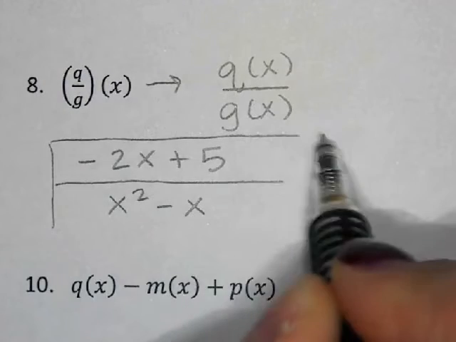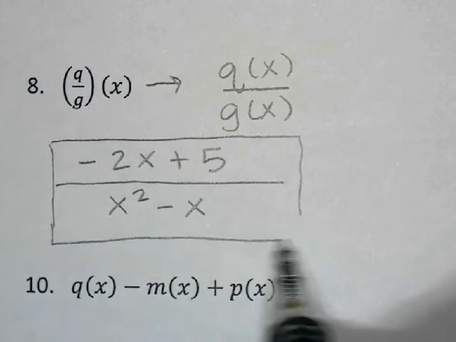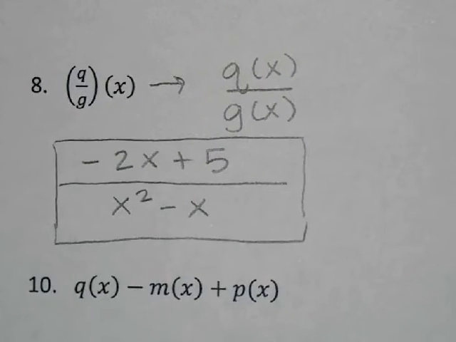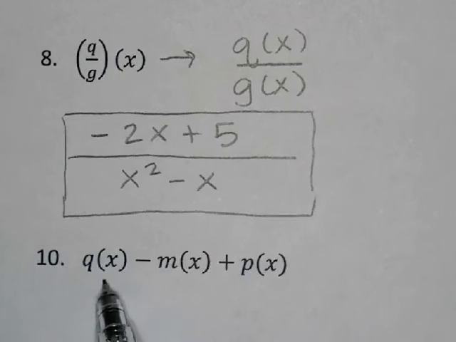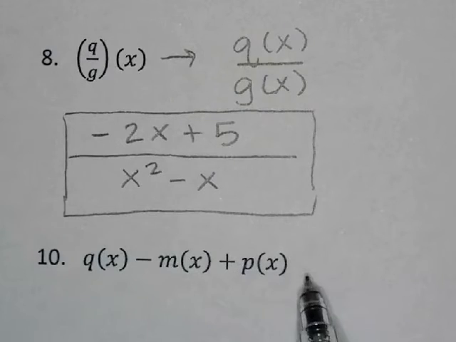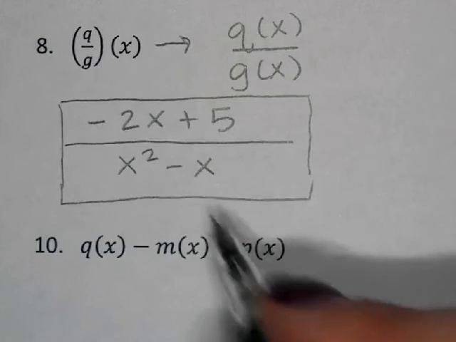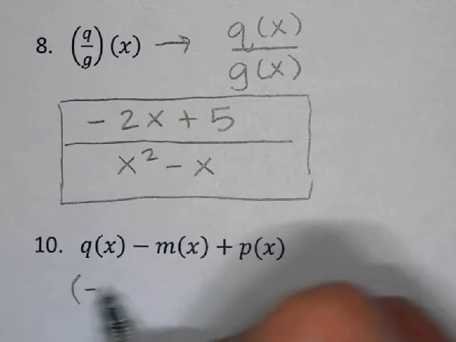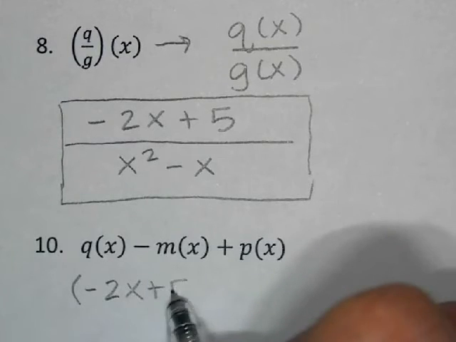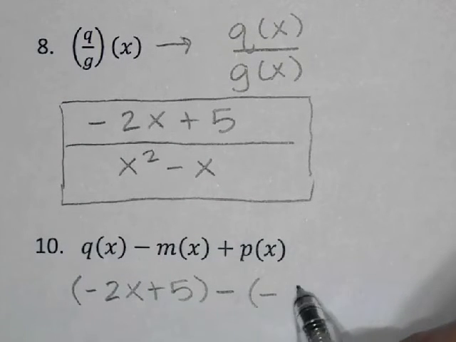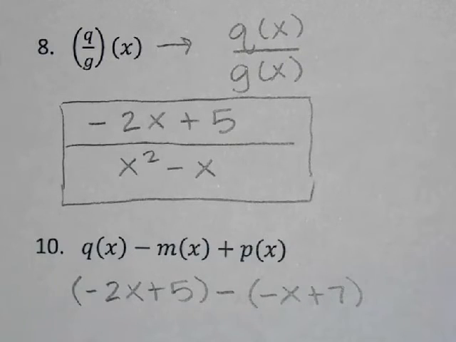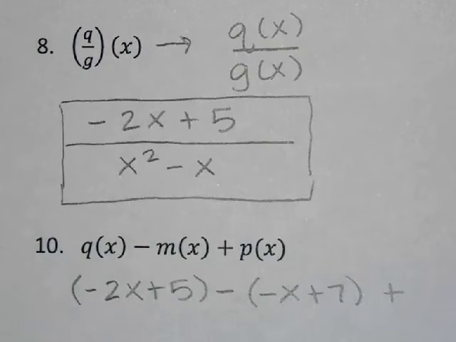All right, you guys want to find another one to try? Number 10? Okay, so this one says q of x minus m of x plus p of x. So I'm going to write q down first, negative 2x plus 5, minus m of x, so minus negative x plus 7, and then plus p of x. Okay, so I wrote them all down. Now what should I do?